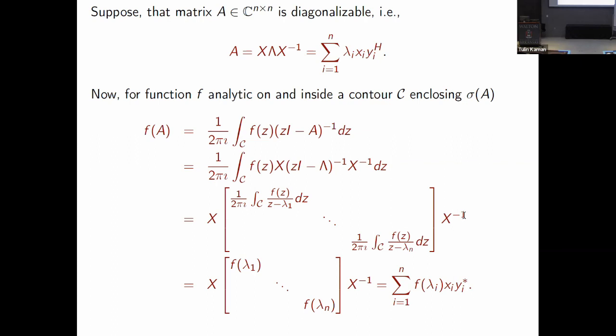Then I can take out the things that don't depend on z, which boils down to the classical formulation we know for evaluating a function of a matrix. We get the eigenvector matrices, and then an arbitrary function of the eigenvalues. So we still have a representation in terms of rank 1 matrices, but now instead of just eigenvalues, we have this function f evaluated at the eigenvalue.